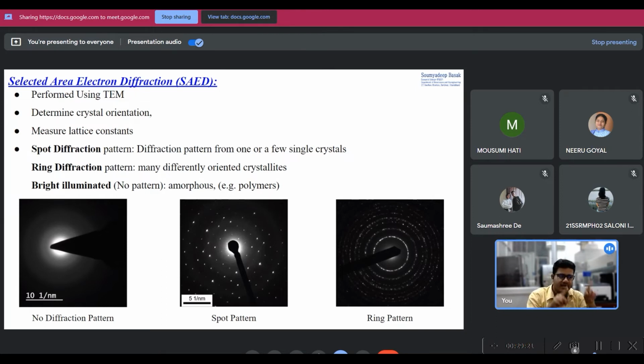This regular arrangement of spots can only be found for single crystal material, where there is only one arrangement of atoms inside your sample. If the sample has multiple layers of crystal or various crystal types, the spots are not going to be regular.